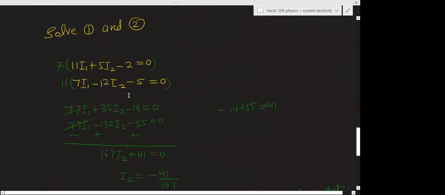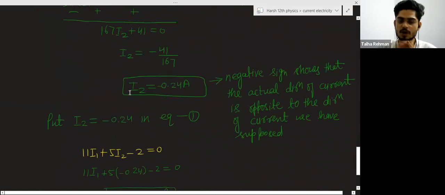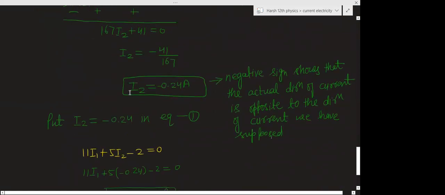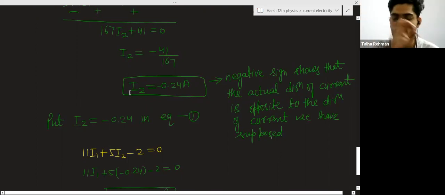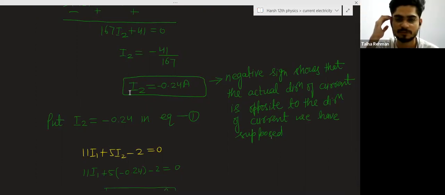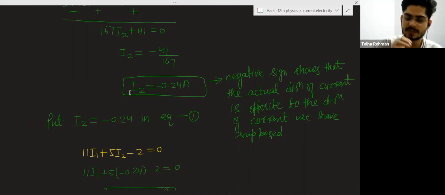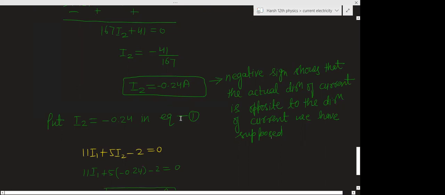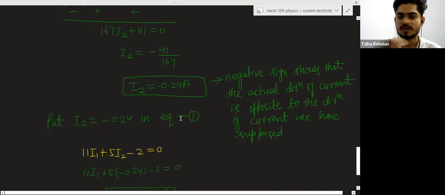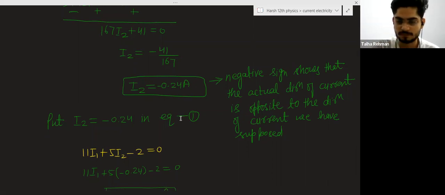So I1 and I2 we have found. Now you have just completed 85% of the question. Finding I1 and I2 means 85% of the question you have solved.